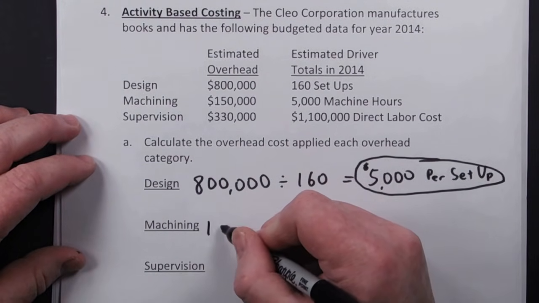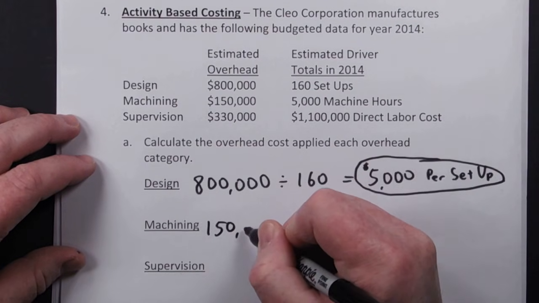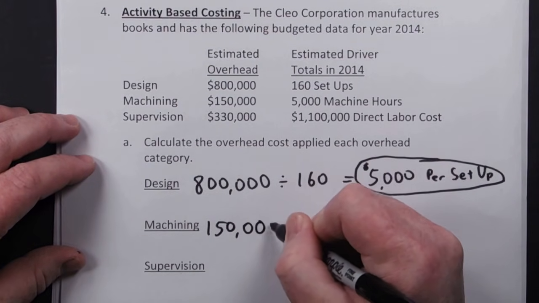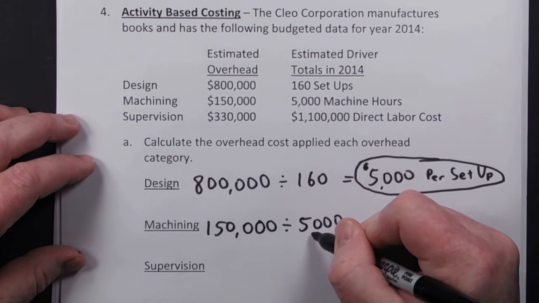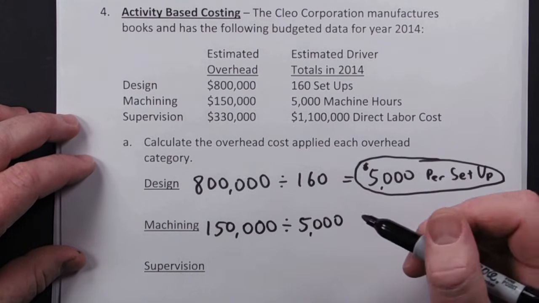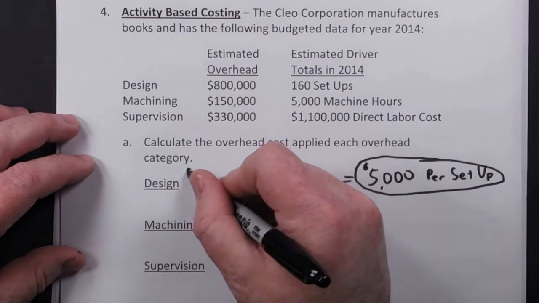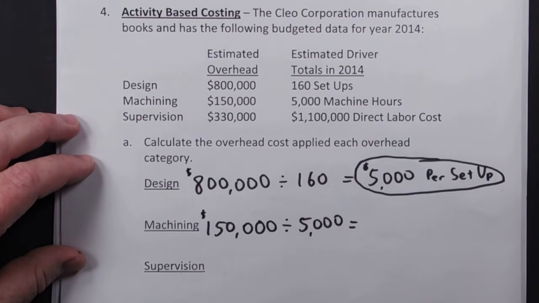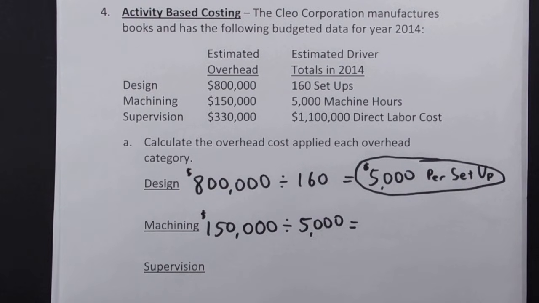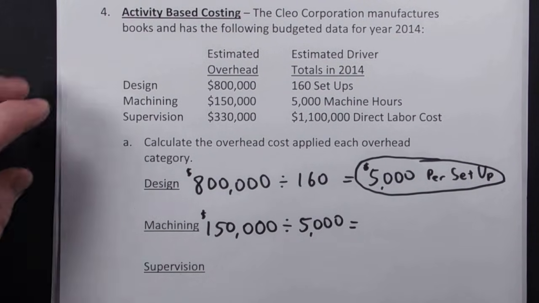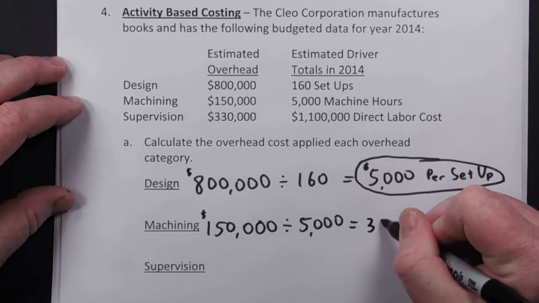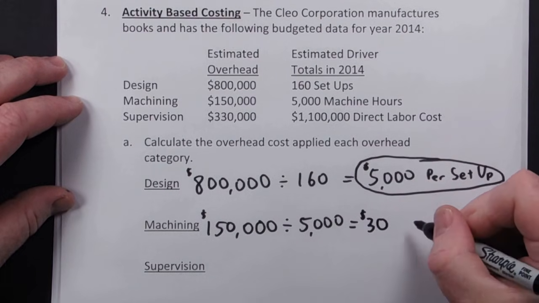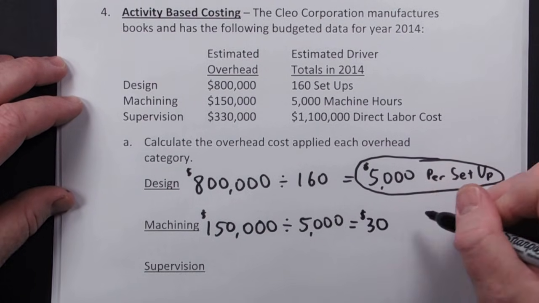Machining, we had $150,000 worth of machining that we're estimating to be the overhead. And we're estimating 5,000 machine hours, so we can figure out how much it is per machine hour. So we come up with a rate of $30 per machine hour.